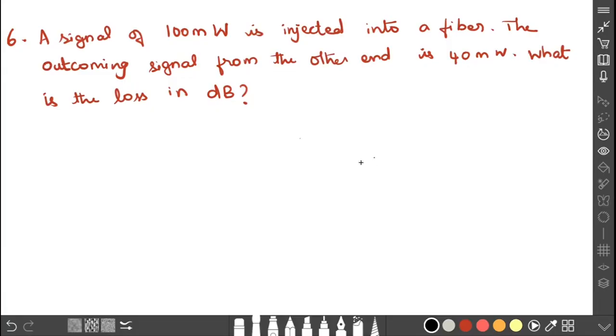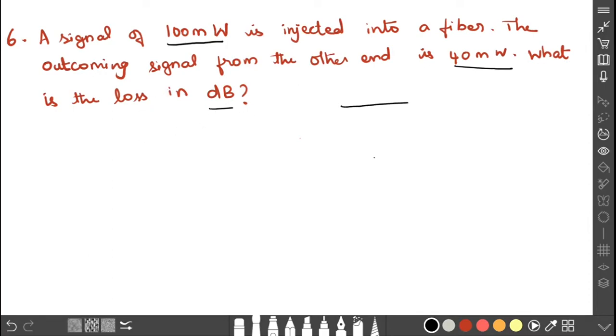This problem is about loss in the optical fiber. Now see here: a signal of 100 milliwatt is injected into the fiber. The outcoming signal from the other end is 40 milliwatt. What is the loss in decibels? Let us draw the diagram to understand this.